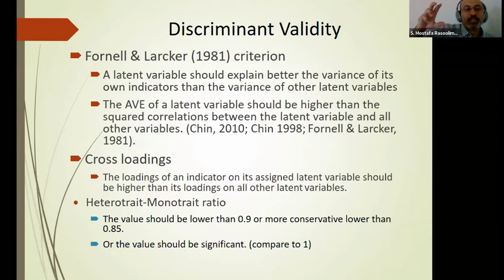In convergent validity, we check how items converge to create constructs. So we check convergence of items under each construct. But in discriminant validity, we check divergence.